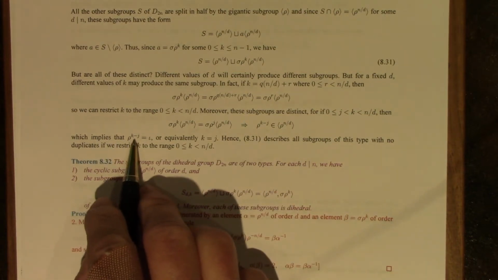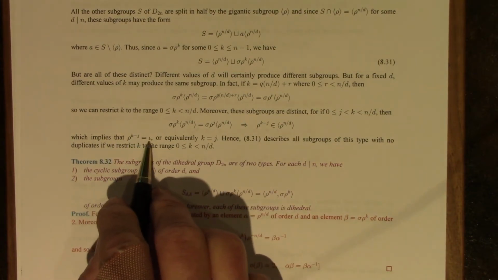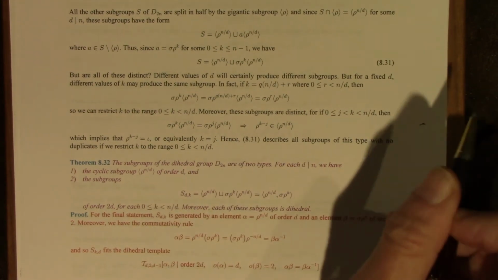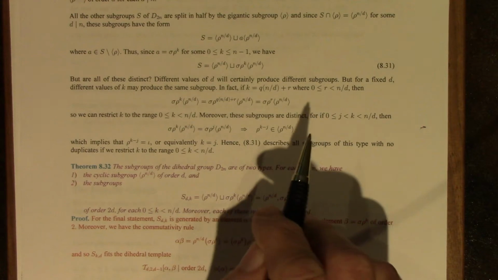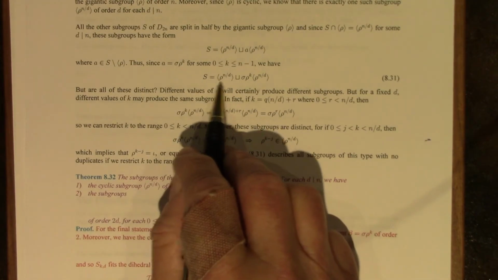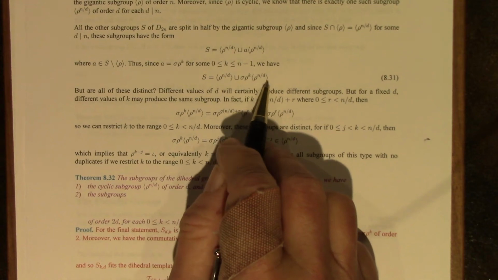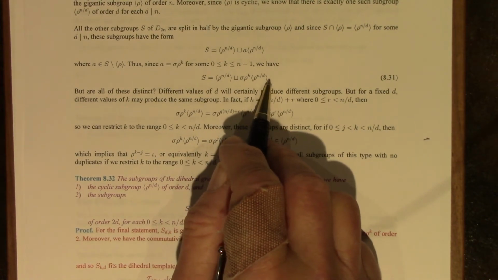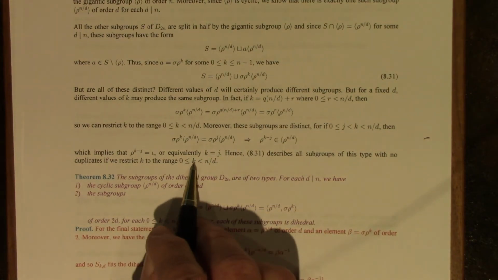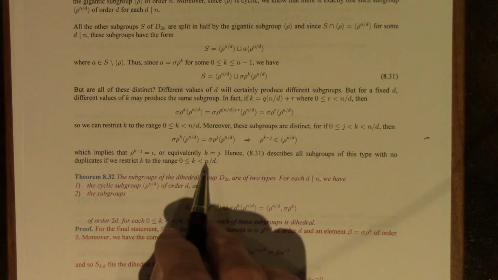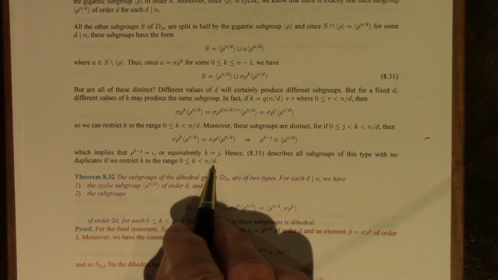So rho to the k minus j is the identity, or equivalently k equals j. And so these are all distinct. This description of the subgroups gives you a complete list of distinct subgroups if we restrict k to the range greater than or equal to 0, less than n over d.